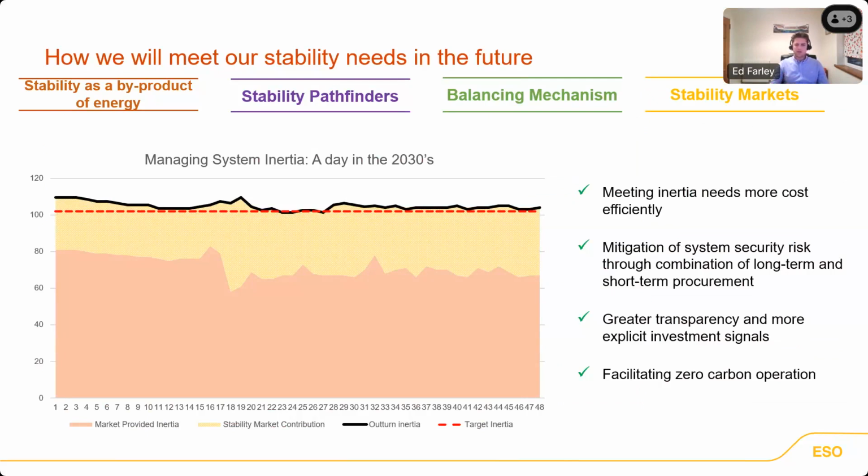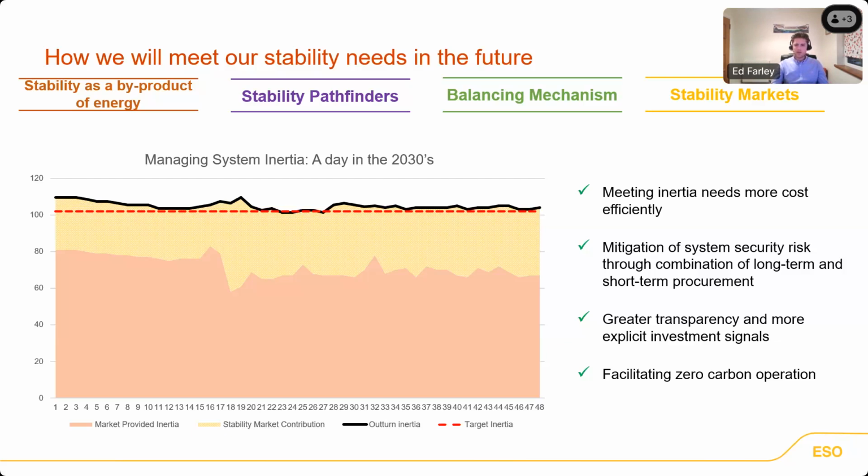But what stability markets should really do, and the overall aim here, is to replace some of those more expensive, sometimes high carbon solutions for providing inertia that we have today in the balancing mechanism with cheaper solutions in the long run that are procured openly, competitively, transparently through stability markets. And so therefore that graph on the left hand side that was previously made up of different components, we expect over time should be gradually replaced by the overarching stability market design that I mentioned.